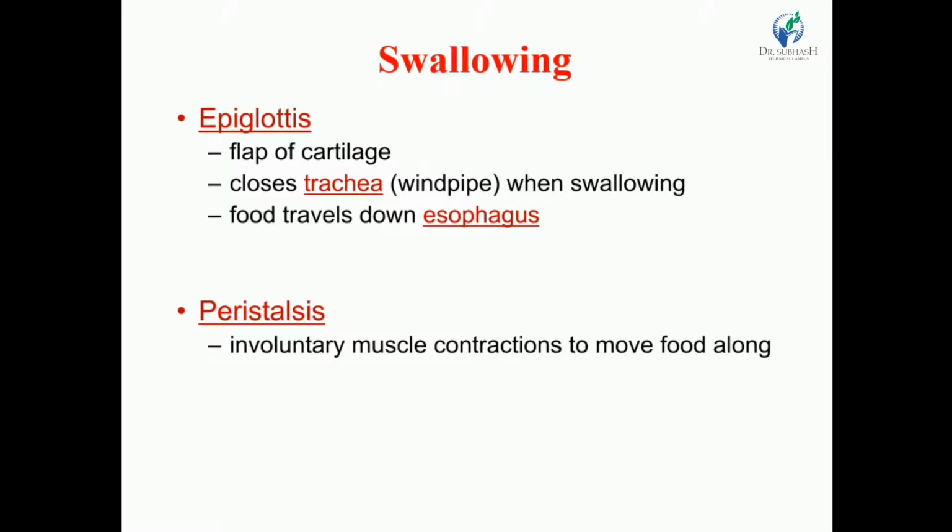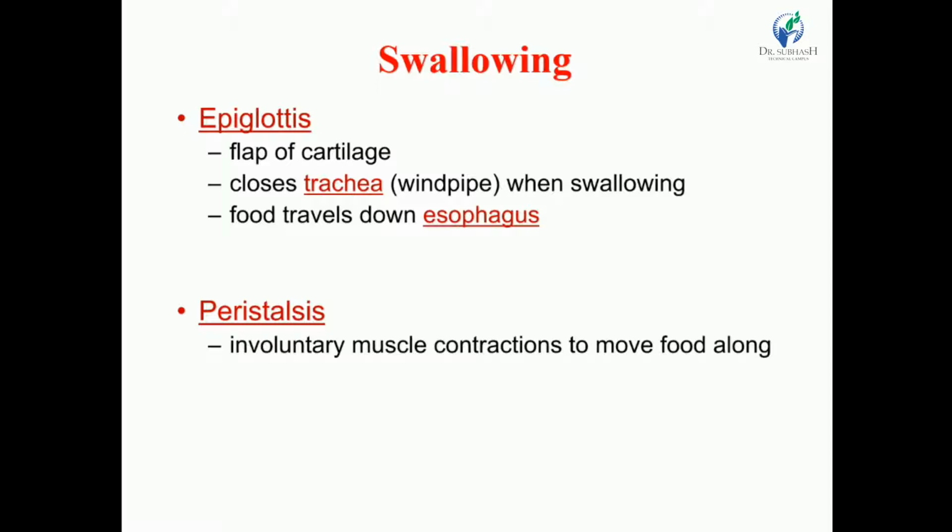Swallowing: responsible for swallowing are the epiglottis and peristalsis. The epiglottis is a flap of cartilage. Whenever food enters, it closes the trachea so that the food can be swallowed with the help of the epiglottis. Food travels down the esophagus once the epiglottis closes. Peristalsis involves involuntary muscle contractions to move food along.